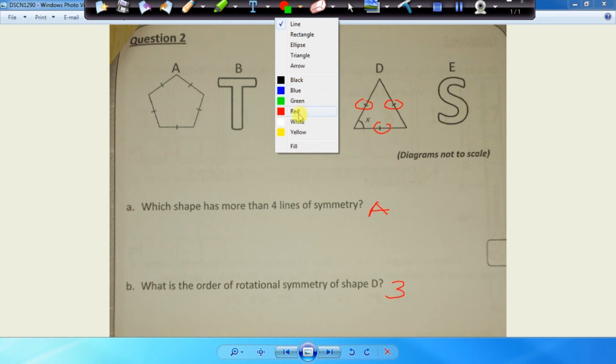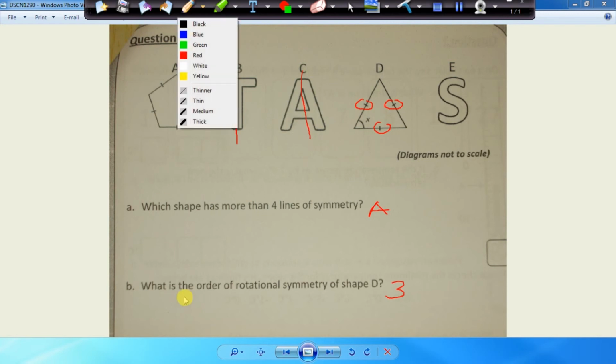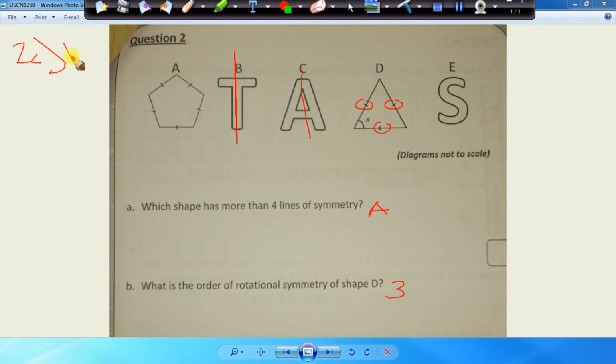Roughly there. That's it. And a straight line there. So it's going to be B and C. Question 2C is going to be B and C.